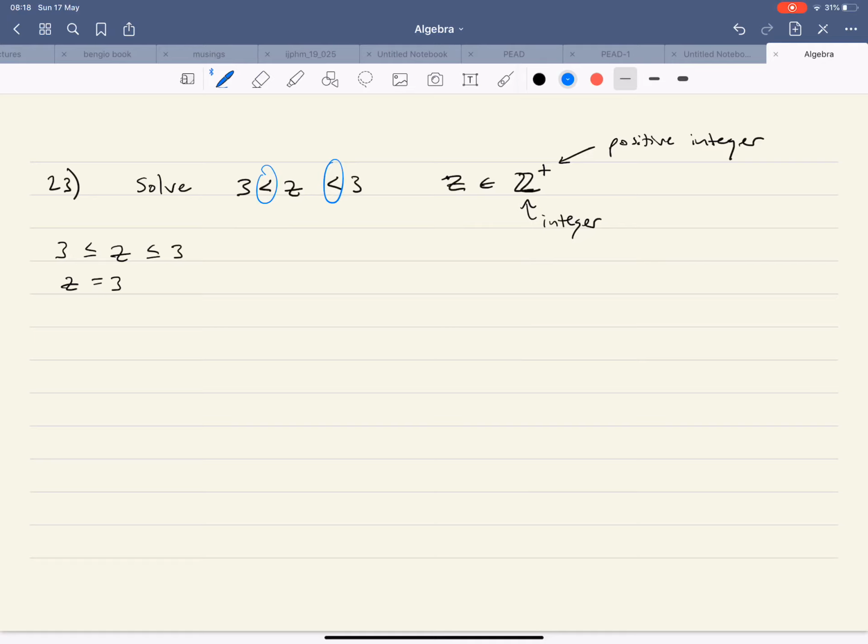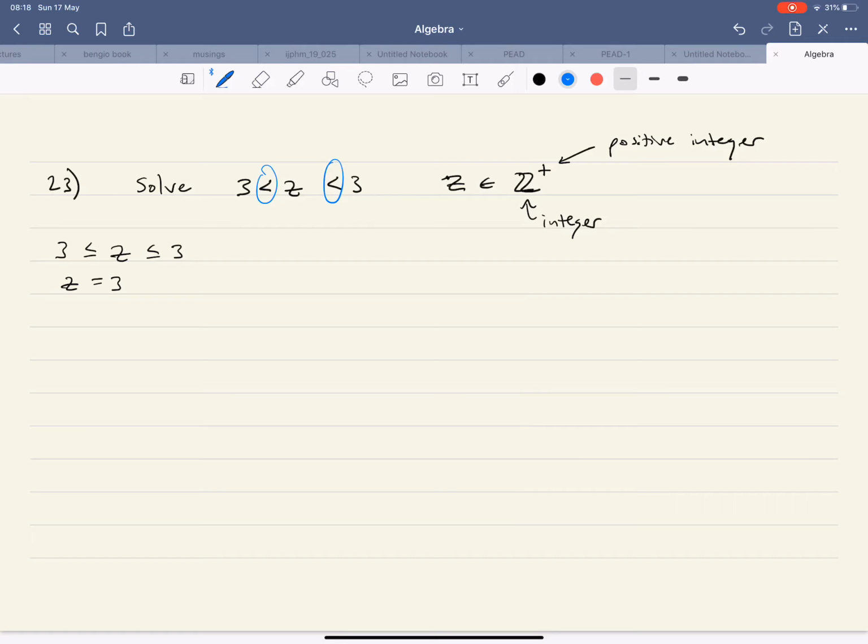I just have less than. So z being greater than 3, fine. But then z also needs to be less than 3. That's not so fine. There's no integer that can satisfy this, right?